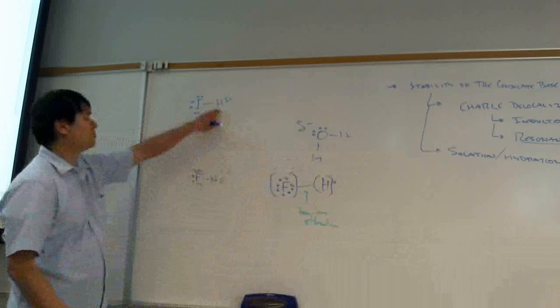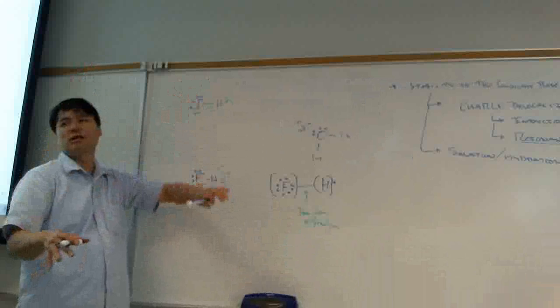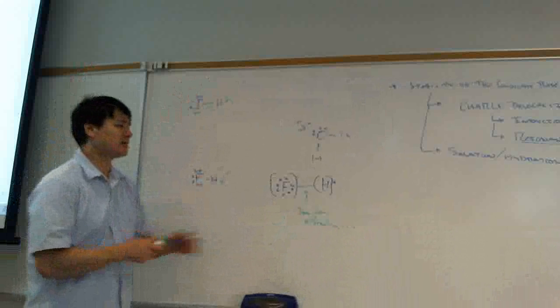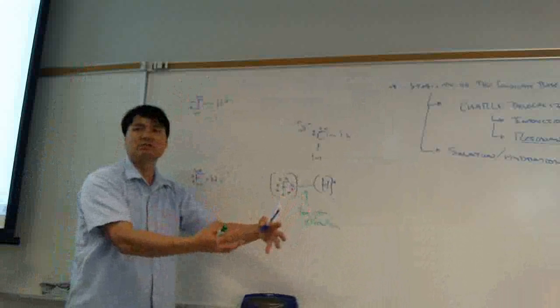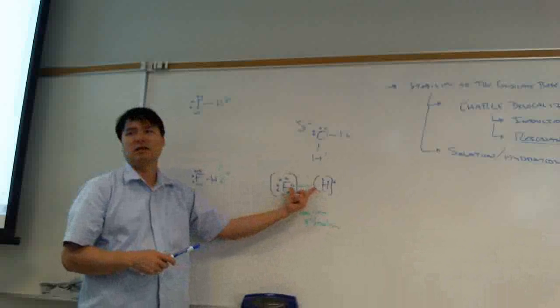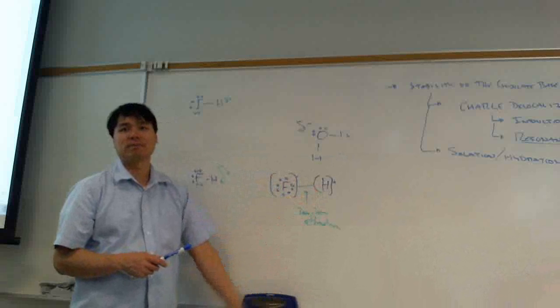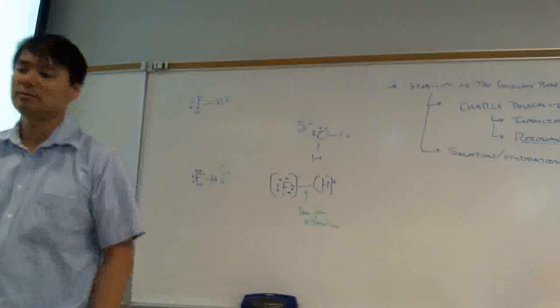Once you break the H plus from I, it's gone. There's too weak of a pull. But fluoride still has that pull. It doesn't let go. And so this weakens HF as an acid, that fluoride won't let go. Okay. We'll talk more about this later.